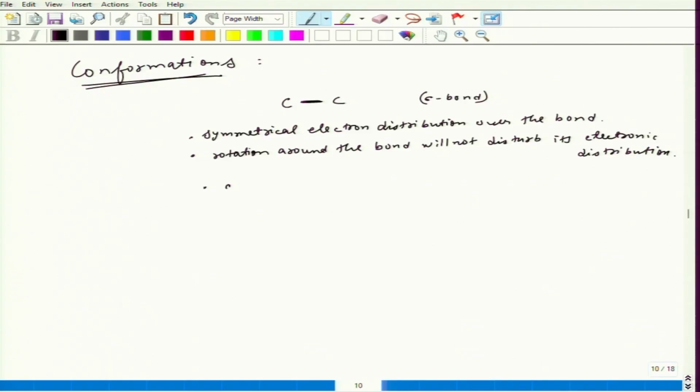So, a lot of spatial arrangements are possible, as the atoms are present in space, by C-C bond rotation.